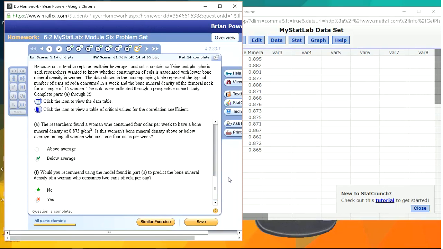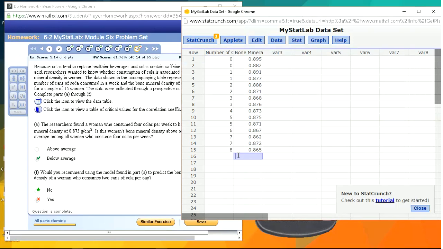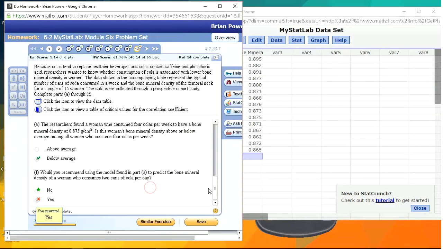Okay, so clearly something is up with that. Why would you recommend using the model found in Part A to predict the bone mineral density for a woman who consumes 2 cans of cola per day? Oh, you can see the mistake I made.